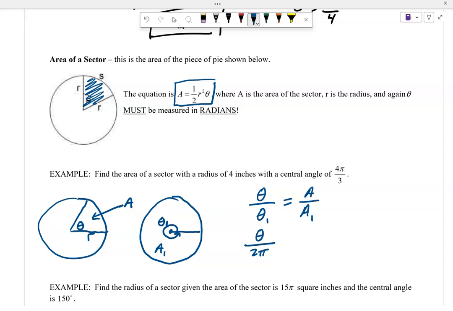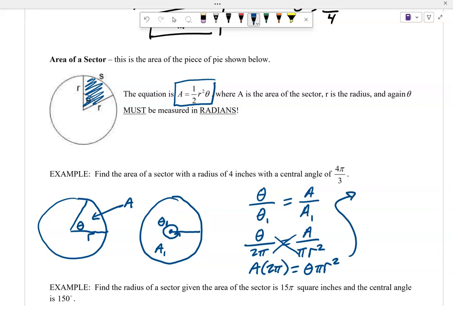And then we know small area we don't know, but we know the area of an entire circle is pi r squared, right? So if I go ahead and cross multiply this, I have area times 2 pi equals theta times pi r squared.